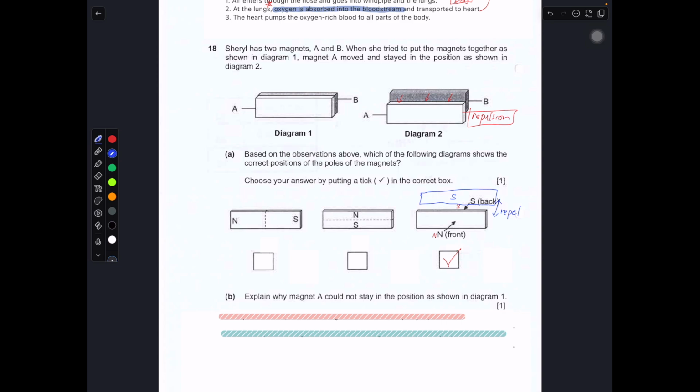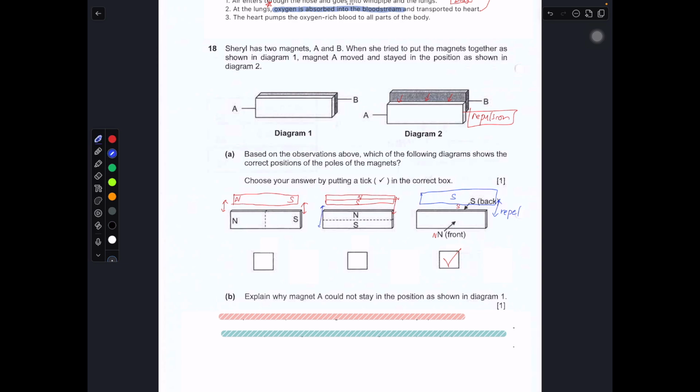If magnet B is in this way, then their like poles are also facing each other, right? Then they also repel each other. And some of you may say that magnet B could be in this manner, then they will repel from the top to the top and the bottom to the bottom.